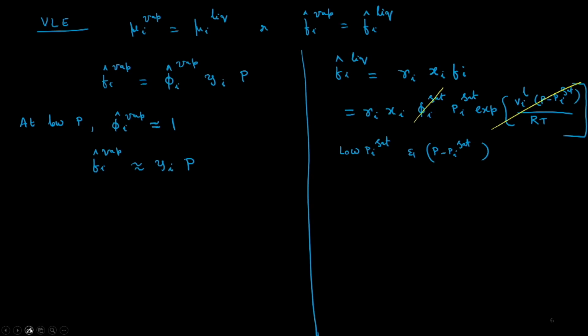And if that happens, we can approximate Fi hat liquid to be xi gamma i pi sat.